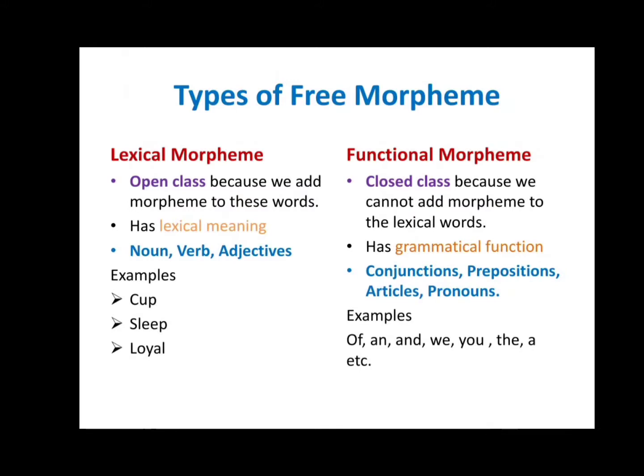It helps us to connect the lexical words. Prepositions like of, to, in, upon. Conjunctions and, but. Articles like a and the. Pronouns I, we, they, you, he, she, it. It establishes the relationship between words. He goes to school: to establishes the relationship between verb and noun.